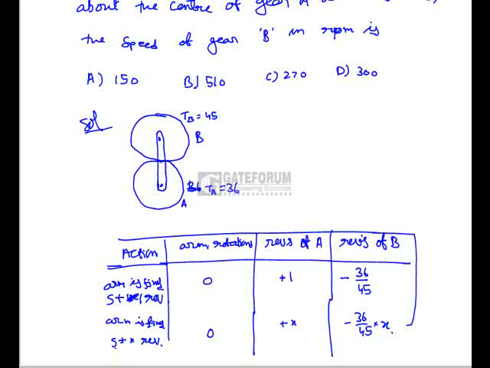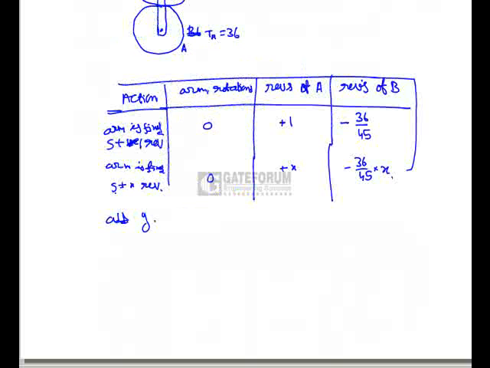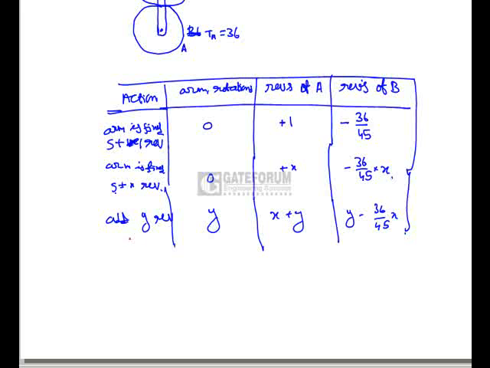Now add y revolutions to each one. So here this is plus y, here it is x plus y, and here it is y minus 36 by 45 into x.